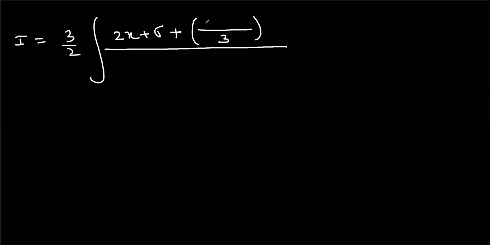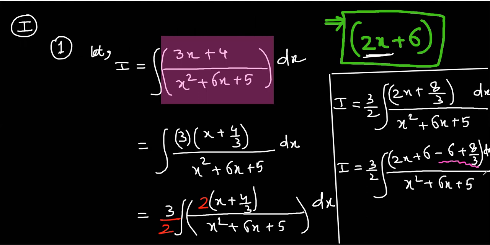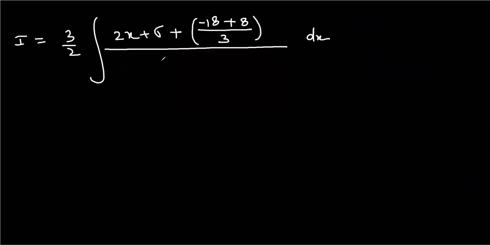I had here negative 6, so minus 18 plus 8 dx, and here you have x square plus 6x plus 5.